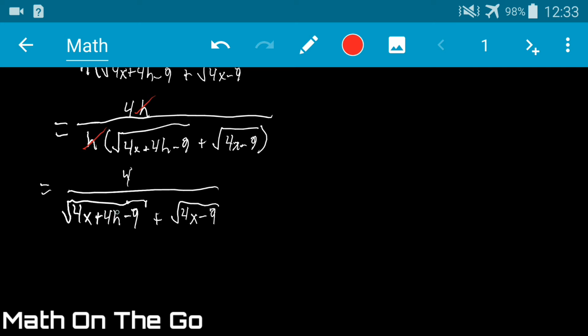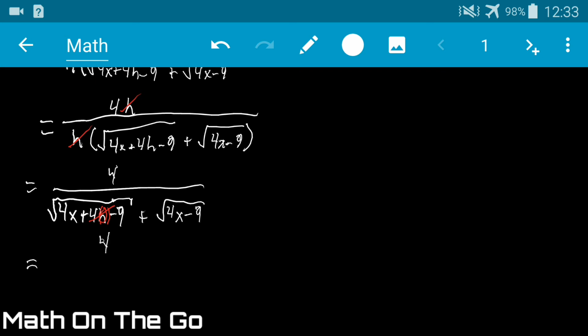With this being 0, we know that cancels, leaving us with 4 over the square root of 4x minus 9 plus the square root of 4x minus 9.